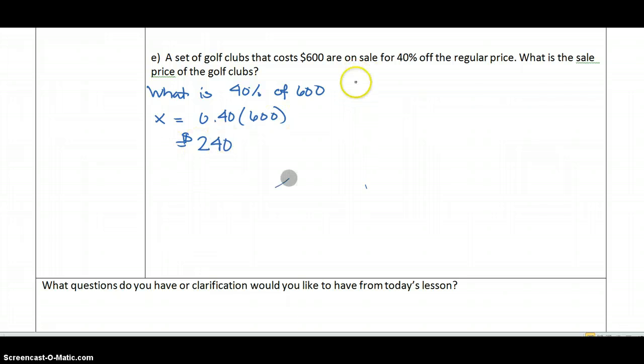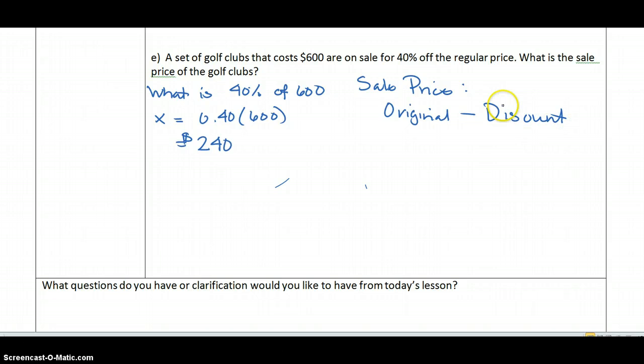So to find out my sale price, I need to have my original cost minus the discount. For us, the original was 600 and the discount was 240.